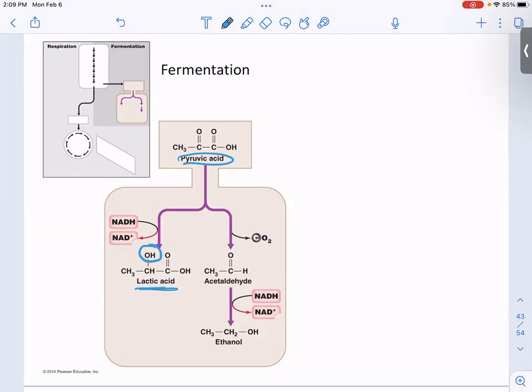There's 2 electrons and a proton that are dropped off. And that's the only difference between pyruvic acid and lactic acid. So that's the simplest fermentation pathway. Again, you've got an acidic end product. The cell just can't get any more energy out of that molecule without a different electron acceptor. Question?